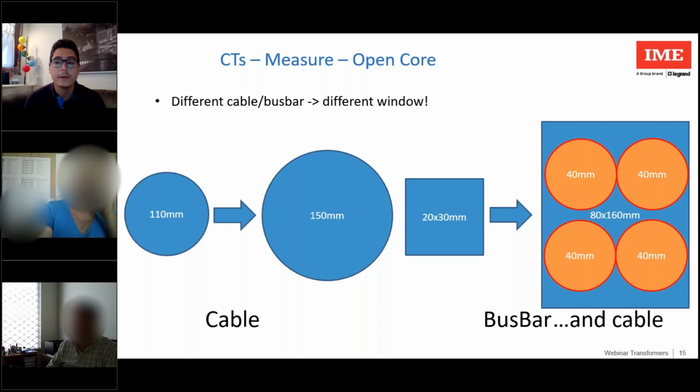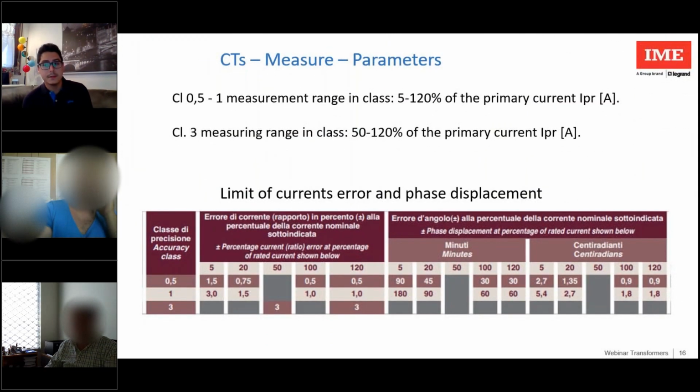Well, we are talking about measurement CTs. The EN 61869-1,2 provides that a CT in class 0.5 or class 1 must be tested from 5% to 120% of the rated current and must follow a ratio and angle error as shown in the figure.